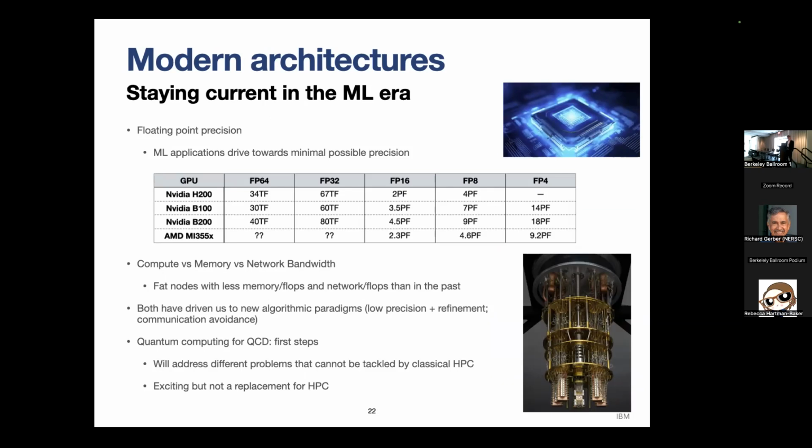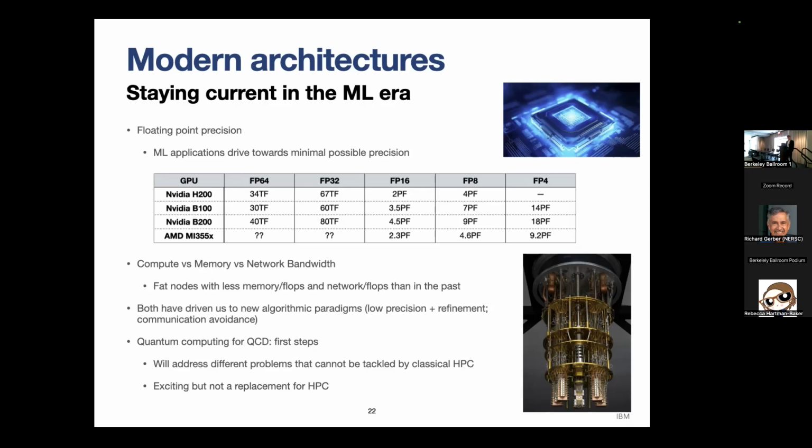As you can see, the FP16, FP8 and FP4 performance of these systems is remarkably high compared to FP64 and FP32. For example, even for this new AMD system that hasn't come out, but they released some details of a few days ago, they didn't even bother to tell us what the FP64 or FP32 performance was. And this is something we have to adapt to.